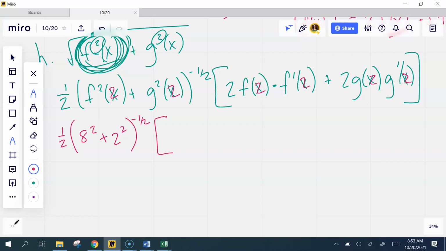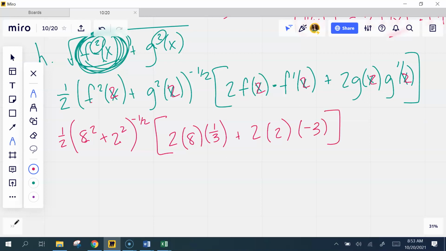I just used the chart. So f of 2 is 8. G of 2 is 2. Now I've got 2 times f of 2 is 8. F prime of 2 is 1/3. And then g of 2 is 2. And g prime of 2 is -3.